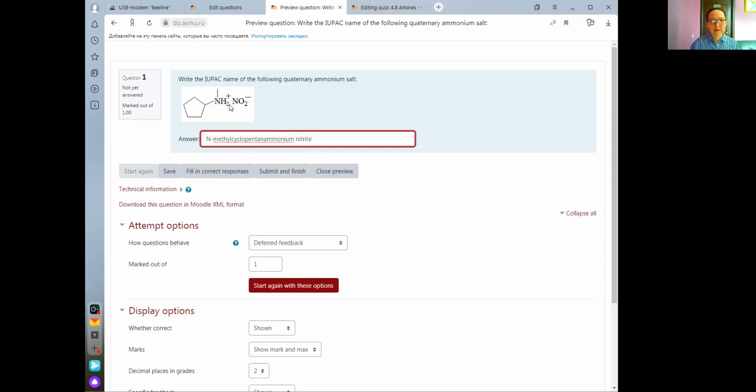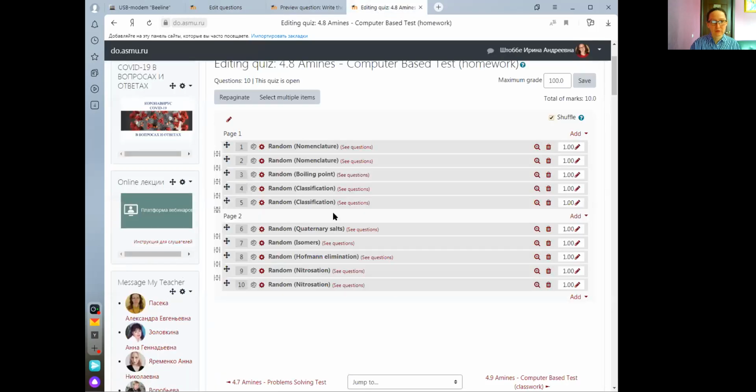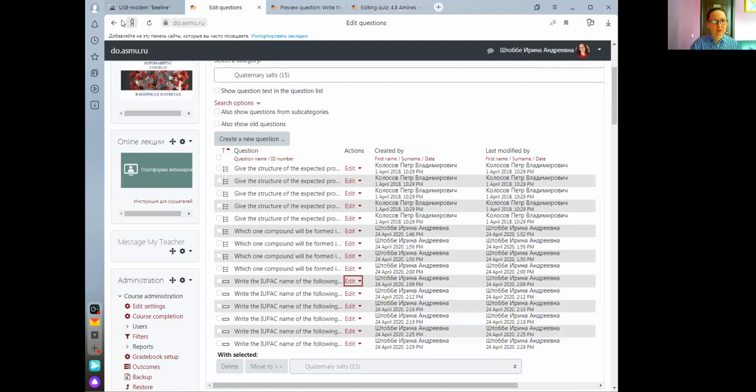In your cases, it can be bromide, chloride, sulfate, sulfite, and so on. So you just give the name of your anion in the end. Correct. Okay, that was quaternary salts.